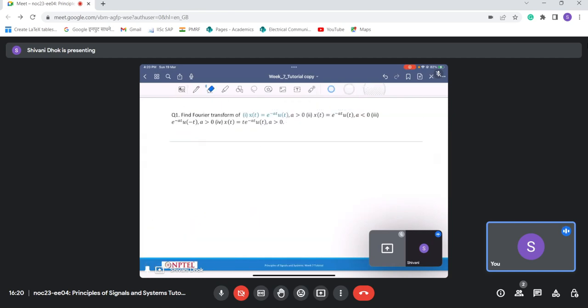of this Fourier transform. So let us look at the very first question. It says that we need to find the Fourier transform of the signal x(t) is equal to e power minus at into u(t).